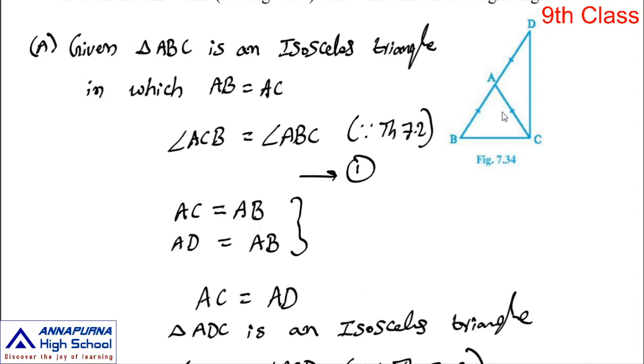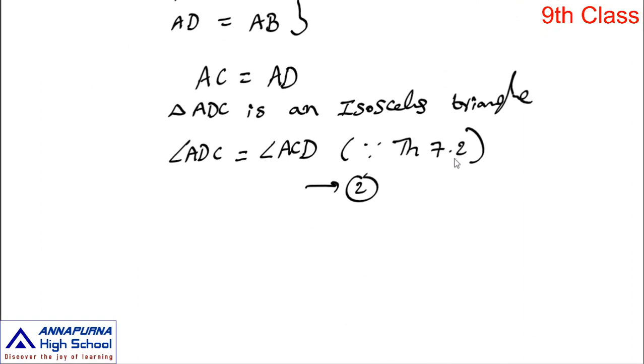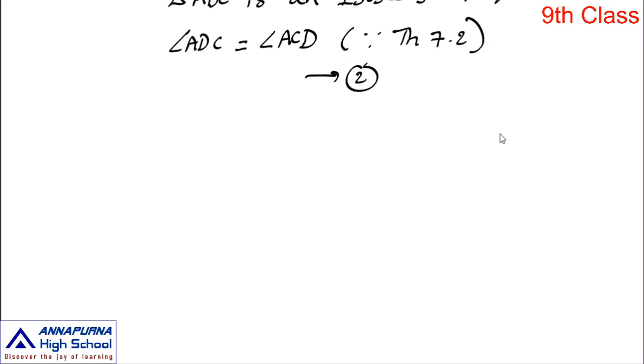So angle DAC is equal to angle ABC plus angle ACB.